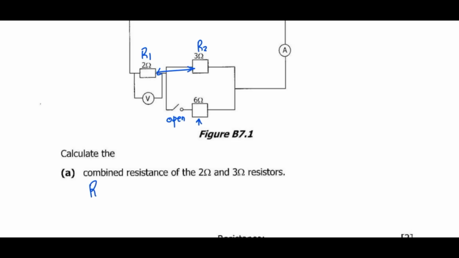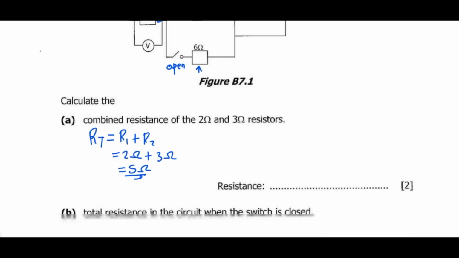Total resistance is equal to resistor 1 plus resistor 2. So resistor 1 is 2 ohms plus resistor 2 is 3 ohms, which gives a total of 5 ohms. So when the switch is open, the total resistance is 5 ohms.